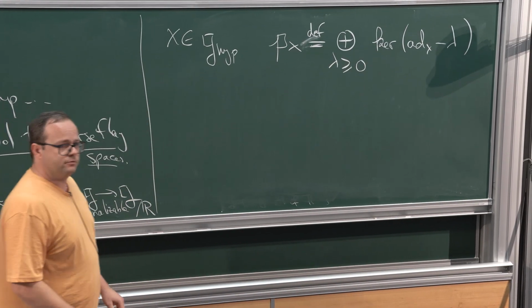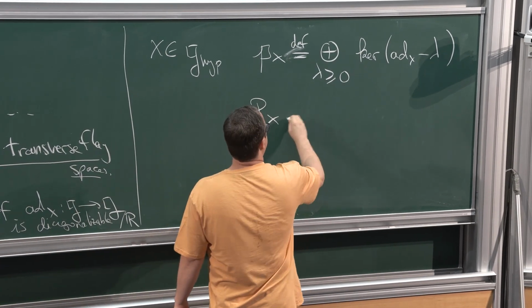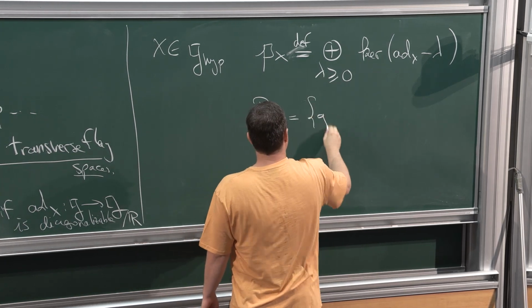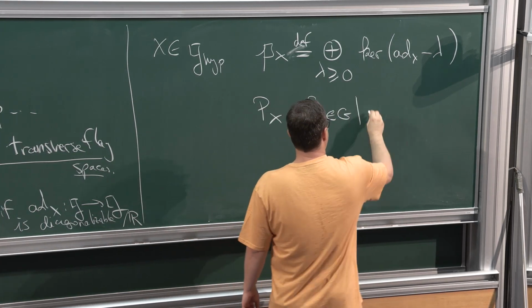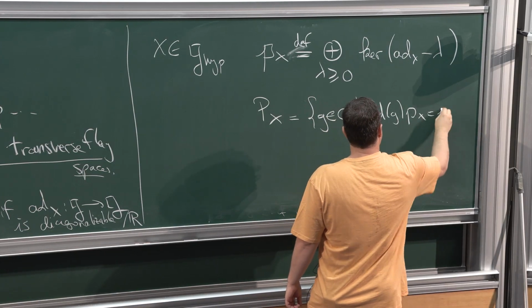And we'll also define a group from this, which would be the normalizer of P_x, so the set of g in the group for which the adjoint action of g stabilizes P_x.